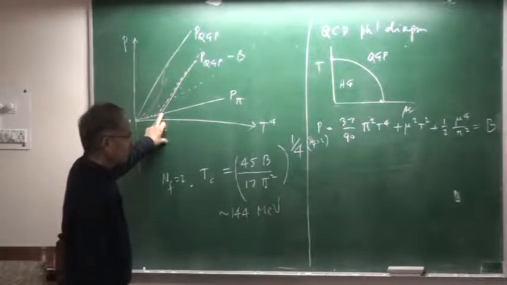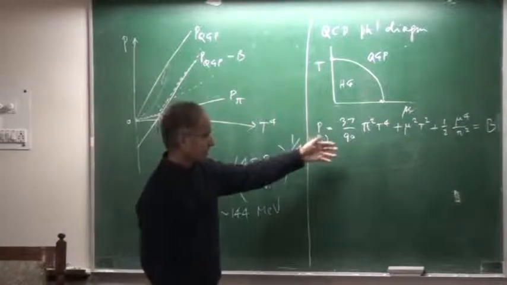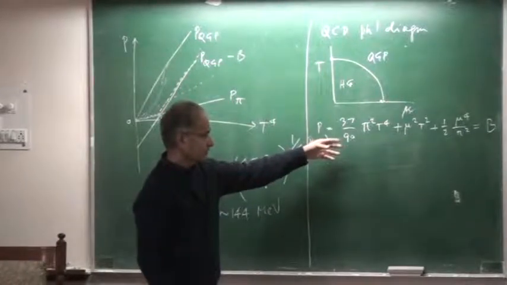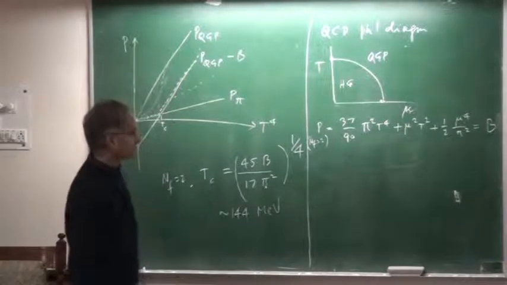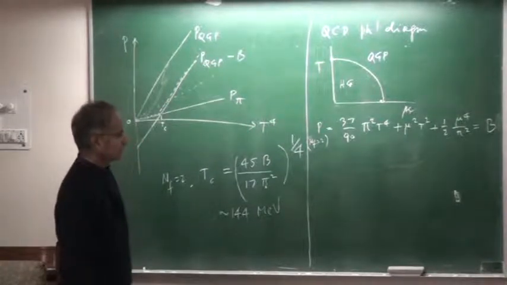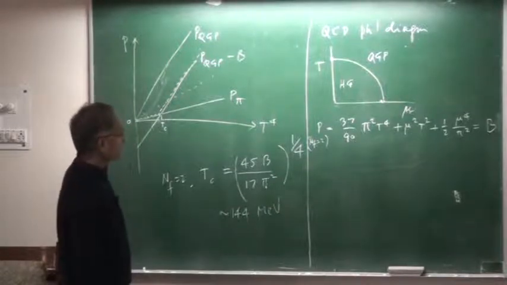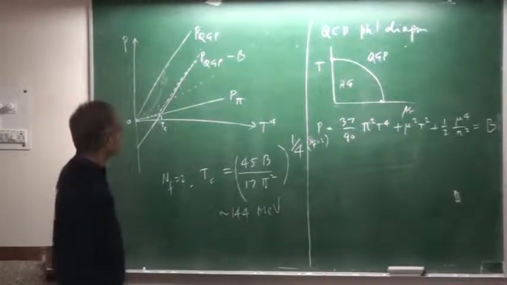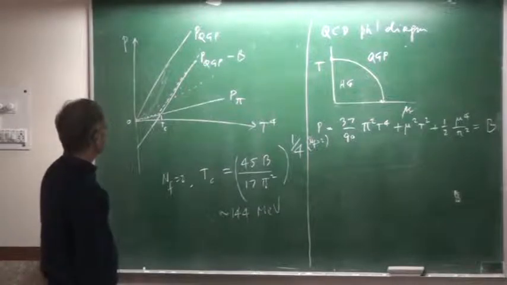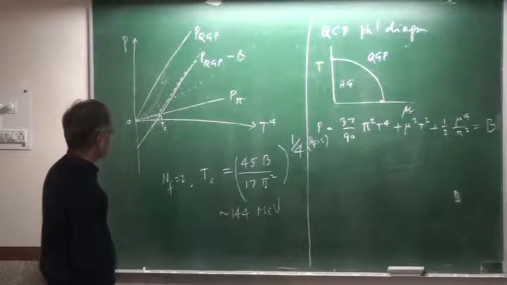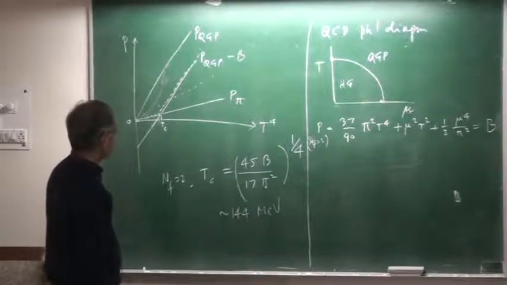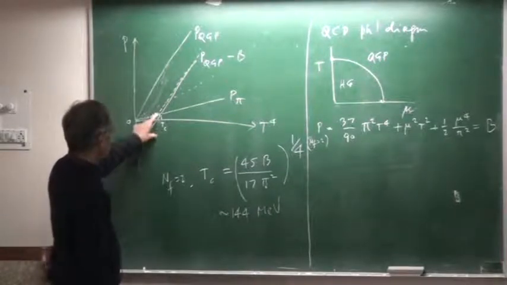This is pressure only of quarks and gluons, not pions. So in this case, you are calculating the transition temperature by equating. But in the earlier graph, the criterion was when the pressure of pion is greater or lesser than P_QGP minus B. Yes, P_QGP minus B equal to P pi.